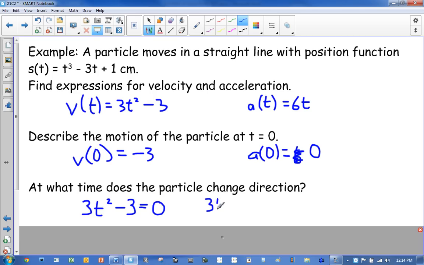So that will happen when 3t squared equals 3, or when t squared equals 1, or when t is plus or minus 1. I'm not going to talk about -1 because time starts at 0 and moves forward. So the only time I'm going to consider is 1. So this thing moves along, and then after 1 second, it moves in the other direction.